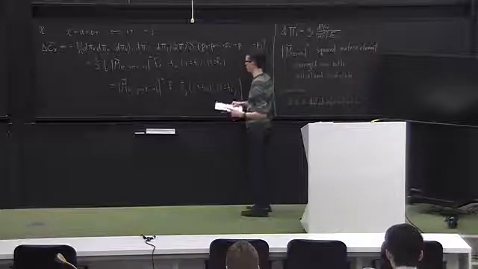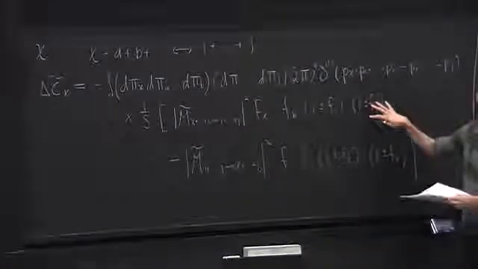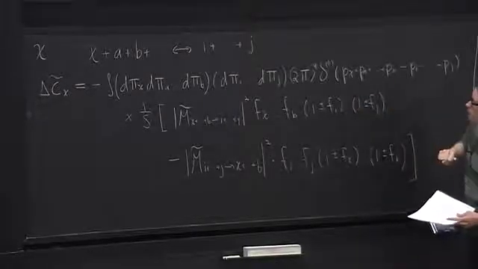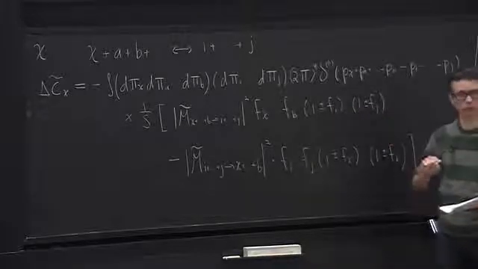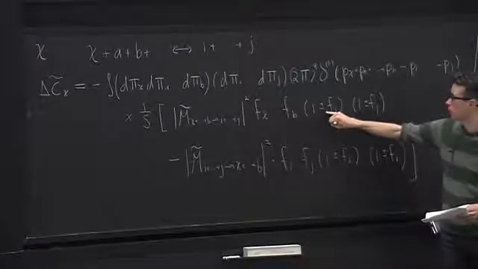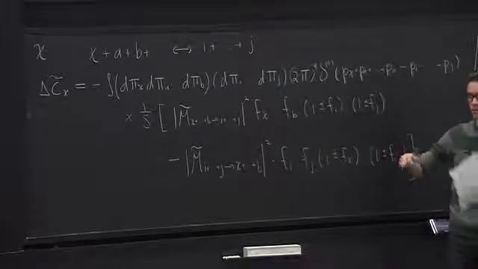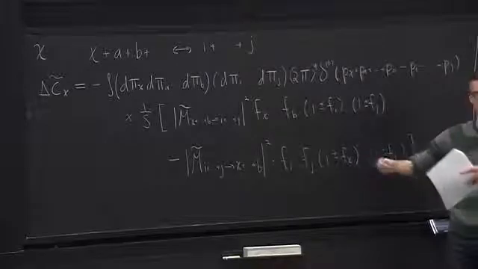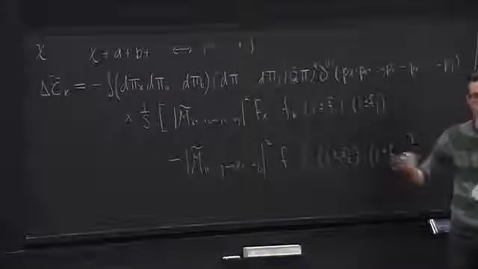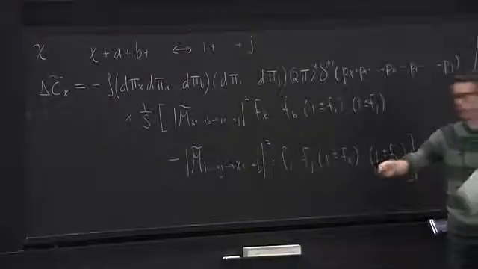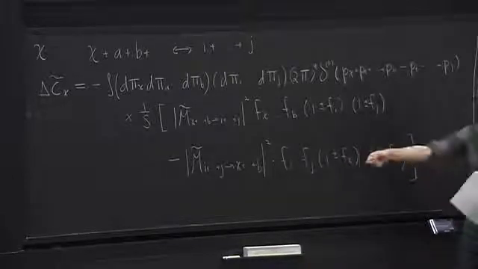These additional factors are purely quantum mechanical. In most cases, it's going to turn out that these distribution functions are much less than 1, so this stuff just goes to unity. But the reason for these pieces comes about because the plus sign is for bosons, the minus sign is for fermions. For a minus sign, what's going on is as the distribution function goes to 1, that means that in my final state phase space, I'm filling up that phase space with fermions. And because I can't put more than one fermion into the same quantum state, this accounts for the fact that as I start filling up the final state, I can't have the reaction go anymore.